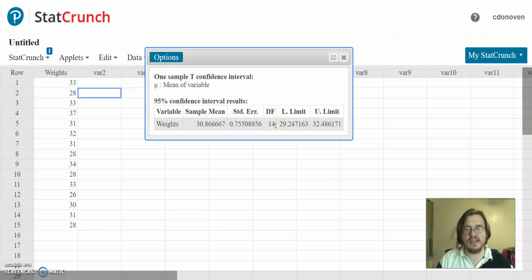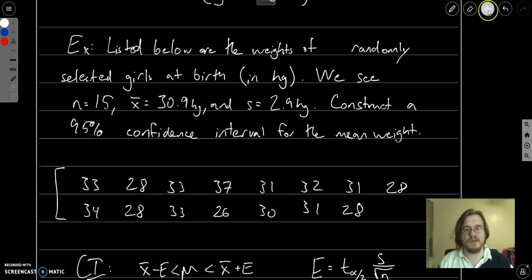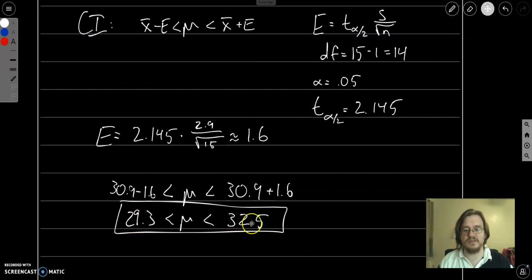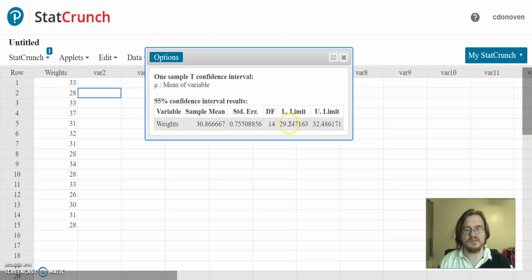Their degrees of freedom are the same, 15 minus 1. Their lower limit is 29.2, let's say round to 5, and their upper limit is 32.45. If we come back to ours, we had 29.3 and 32.5. That is pretty close to this. 29.3 and 32.5 are close to these, and the only difference would be the rounding that I did in my calculations. So this will give you a more exact answer.